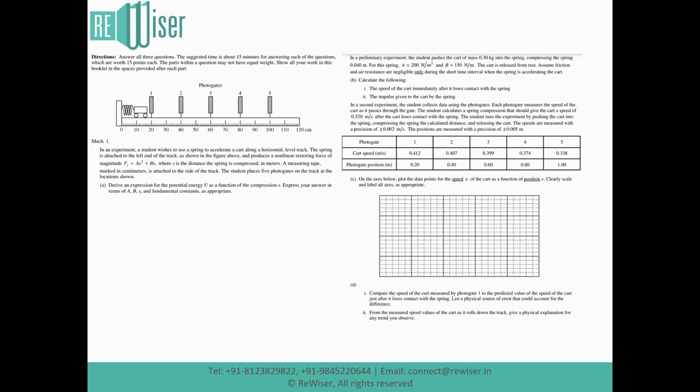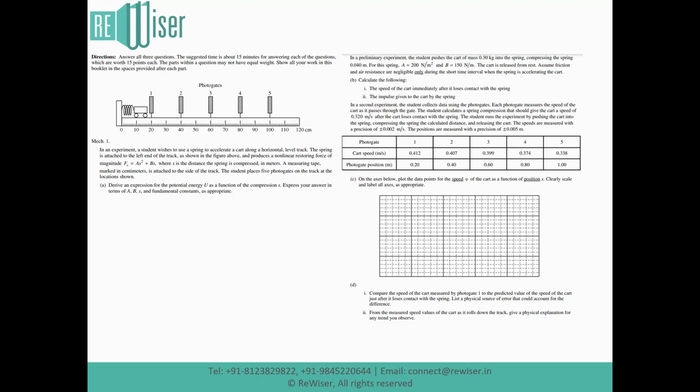In an experiment, a student wishes to use a spring to accelerate a cart along a horizontal level track. The spring is attached to the left end of the track as shown in the figure above, and produces a non-linear restoring force of magnitude Fs equal to a s squared plus b s, where s is the distance the spring is compressed, in meters.